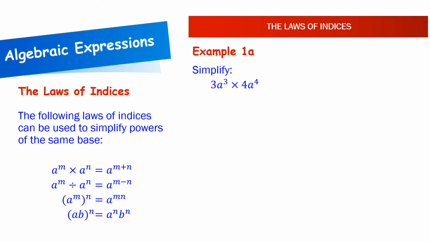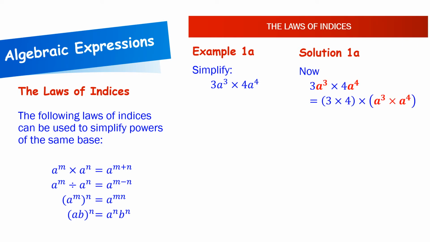We will first consider the solution to example 1a. As all the numbers and letters are multiplied by one another and order does not matter in multiplication, we can separate the numbers on one side and letters on the other, as shown. Simplifying 3 times 4 gives us 12.